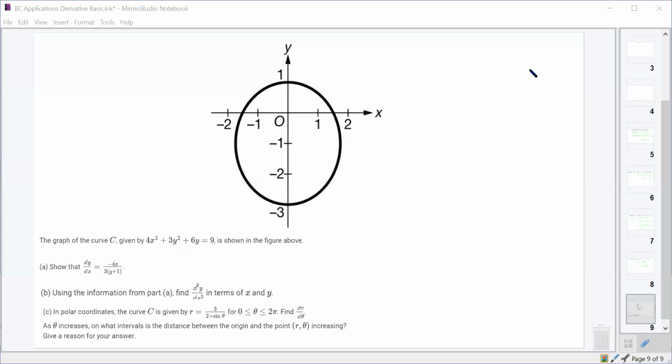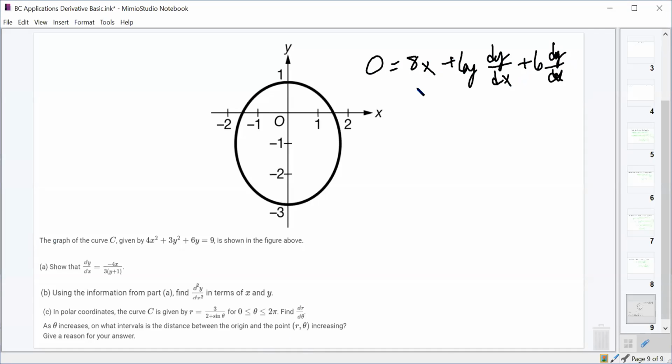Ready to go. So for the first part, that should be pretty straightforward, just showing that the derivative is equal to negative 4x over 3 times (y plus 1). So we'll just take the derivative of this implicitly. That'd be 8x plus 6y dy/dx plus 6 dy/dx equals 0.